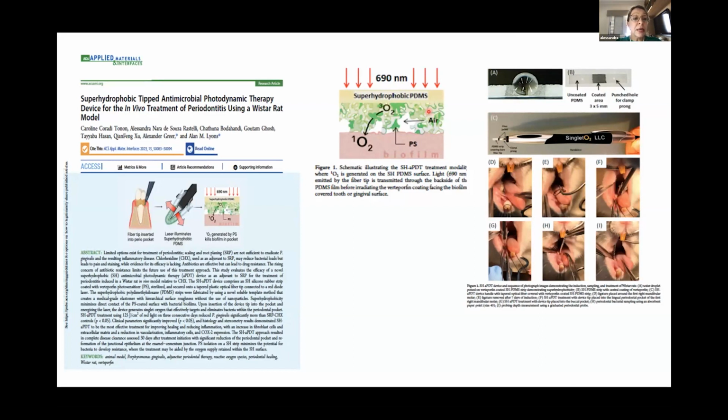This is the in vivo study using a Wistar rat model where we developed the periodontal disease. And after that, we treated with this super hydrophobic surface. And we evaluated not just the antimicrobial effect, but the clinical and the histological parameters.